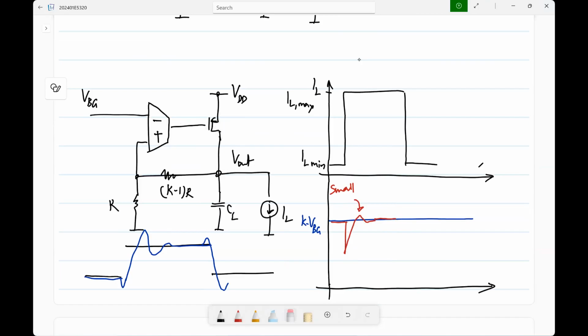Where, at what operating point will you calculate the GMs? That's not correct, right? Because as you step this, the current increases here. So this settling mainly depends on the operating point of MP at very high currents.